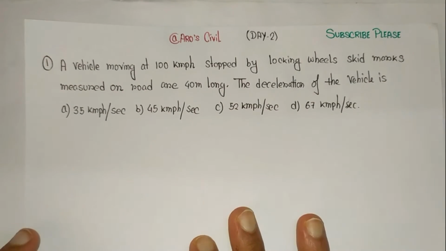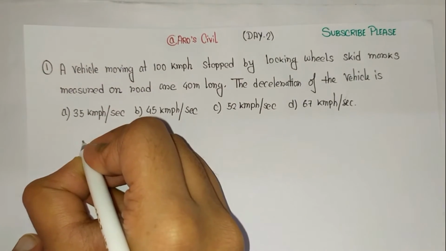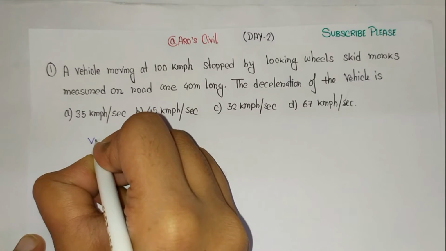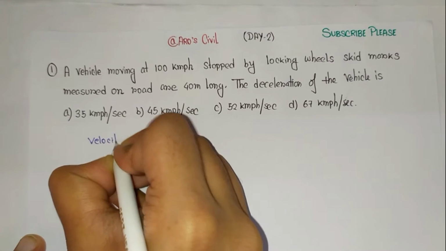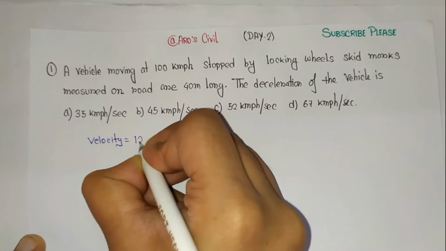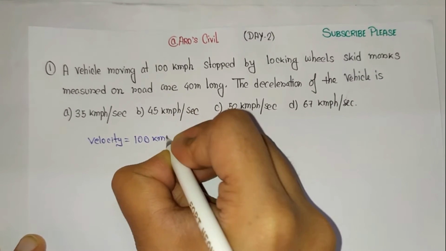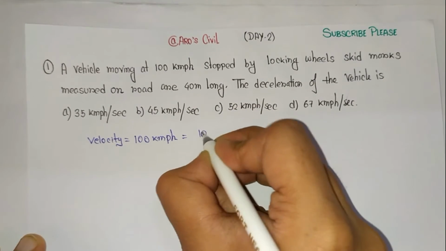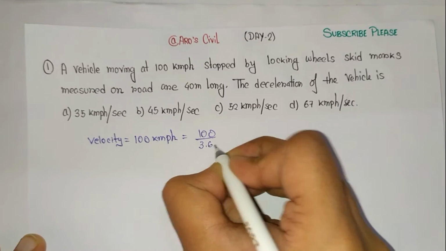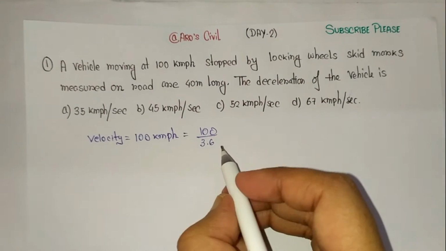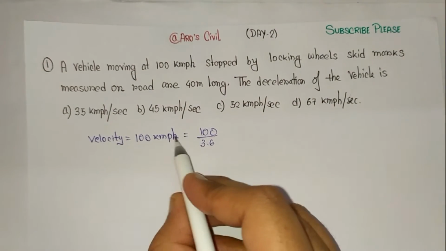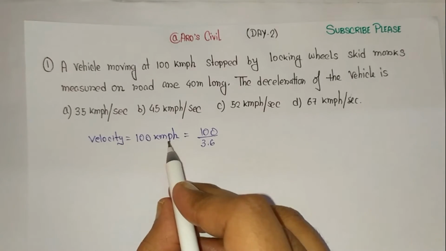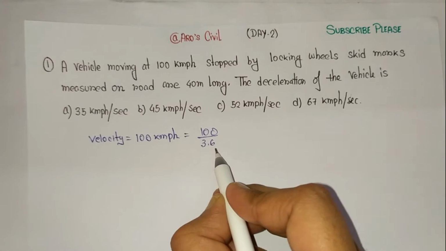So here in this question the velocity of the vehicle is given. The velocity is equal to 100 kmph. If we convert it into meter per second, we have to divide by 3.6. Just remember this: if in the question it is given in kilometer per hour, you have to convert to meter per second by dividing by 3.6.